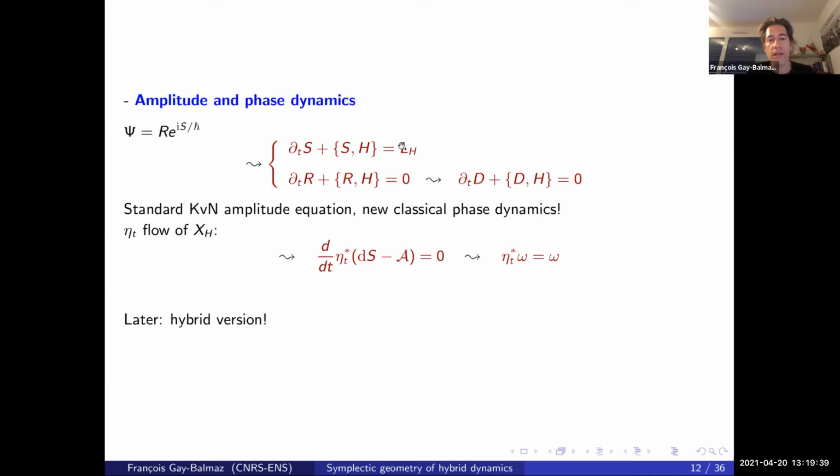Here you see this additional phase equation, which has this additional Lagrangian contribution on the right-hand side. So we keep this in mind, and we will see how this can be generalized or adapted later to the hybrid case.